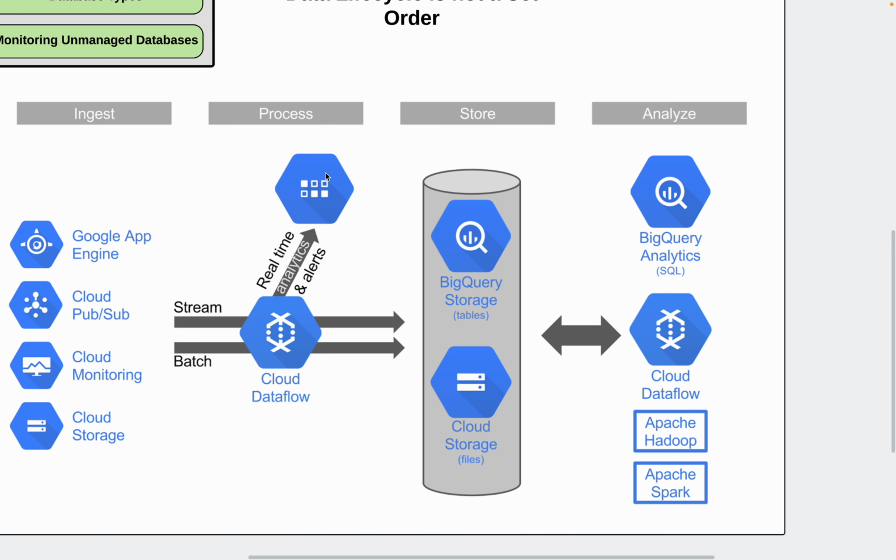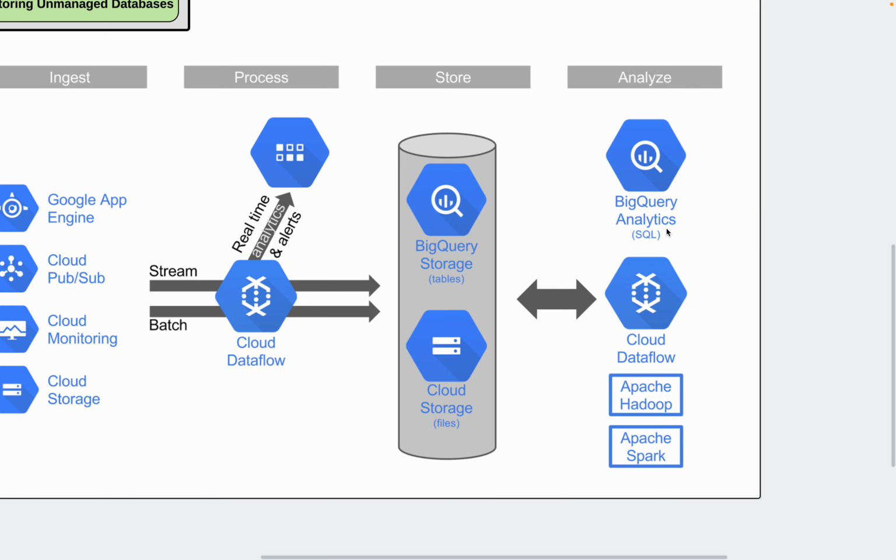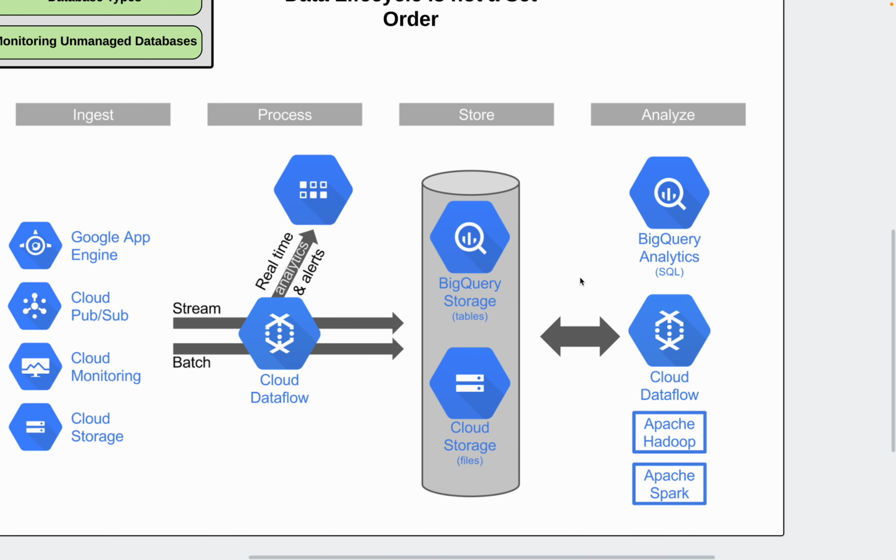Real-time use cases analyze and trigger alerts, and batch data will go to BigQuery storage tables and Cloud Storage files. Cloud Storage will store files, BigQuery storage uses tables, and BigQuery analytics uses SQL to analyze. Cloud Dataproc, Apache Hadoop, Apache Spark. So this and this can move in both directions, while this moves in one direction, to this side.